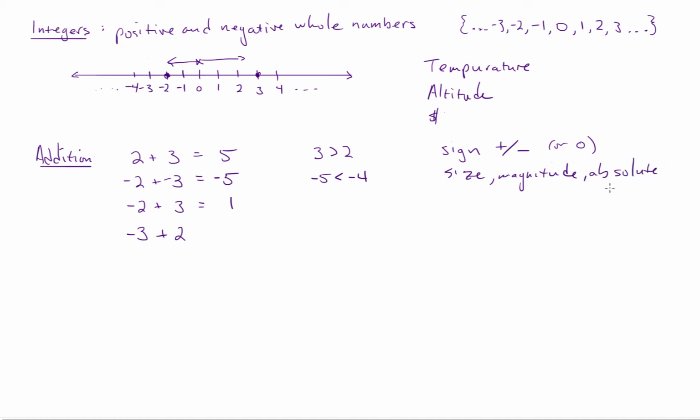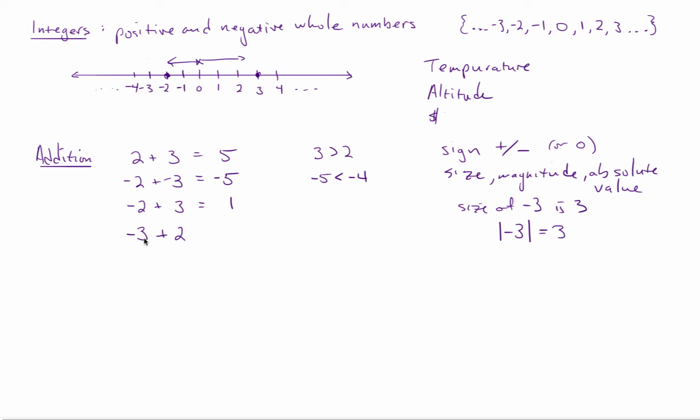Basically, it's the distance that it is from 0. The size of the number negative 3 is 3. We might use a shorthand, these vertical bars, to represent the size of a number. But really what that means is just strip off the negative, and that's the distance that number is from 0.